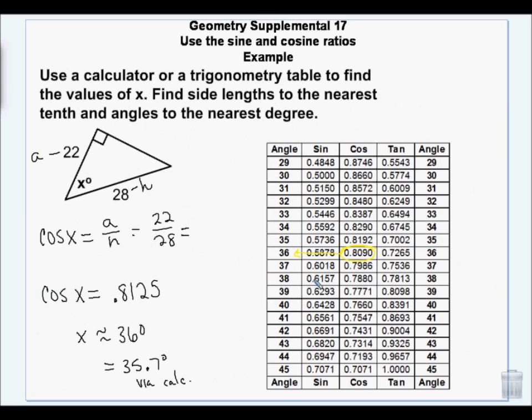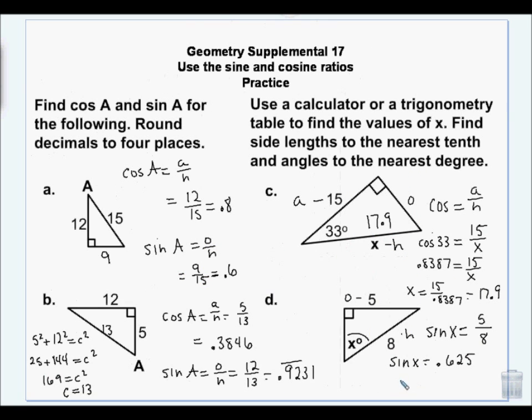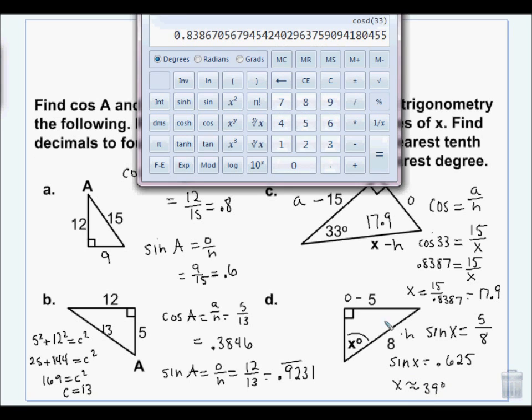Yeah, so I have 6157 or 6293. 6293 is going to be closer, right? So it's about 39 degrees. So I can say x is about 39 degrees. Or I can put it into the calculator, press that inverse button, sine, and it's 38.7.